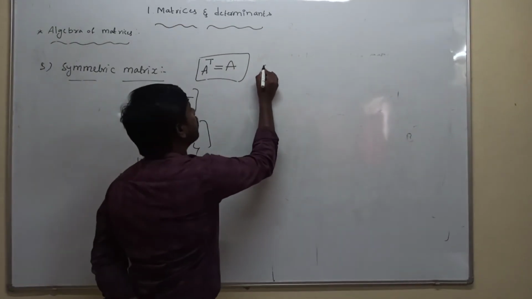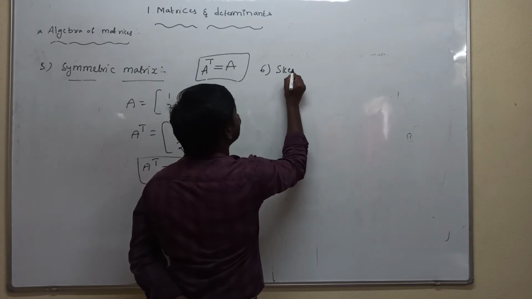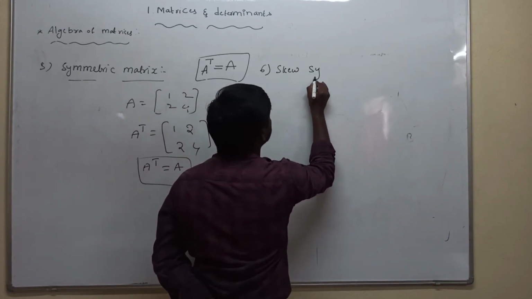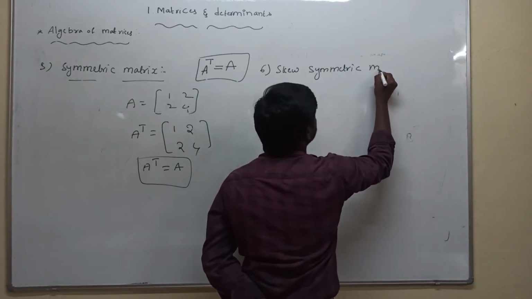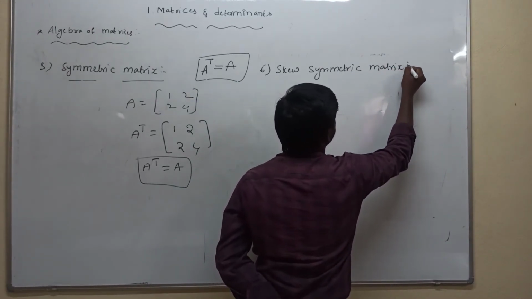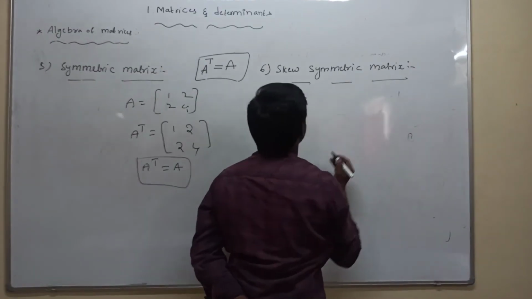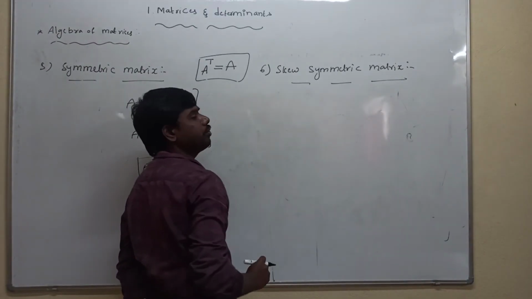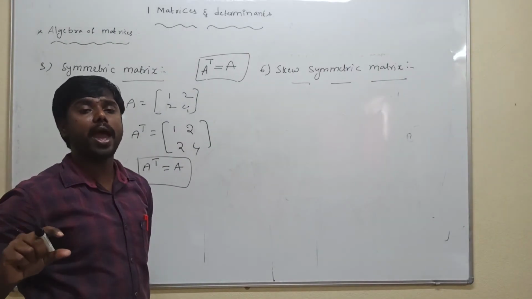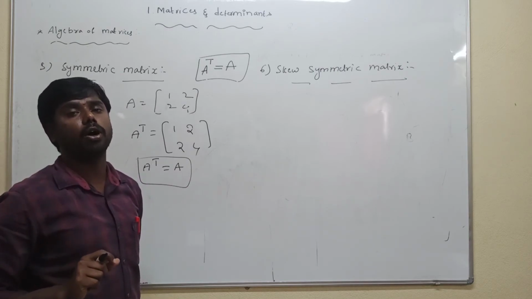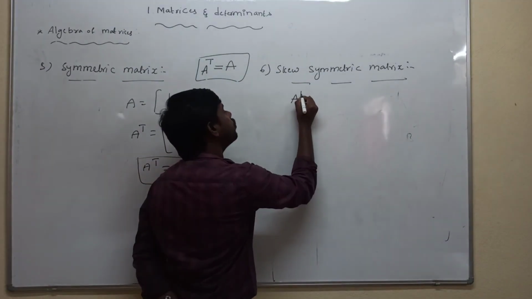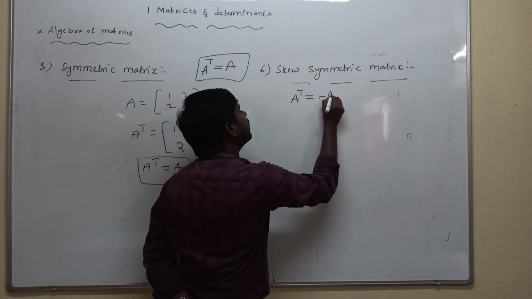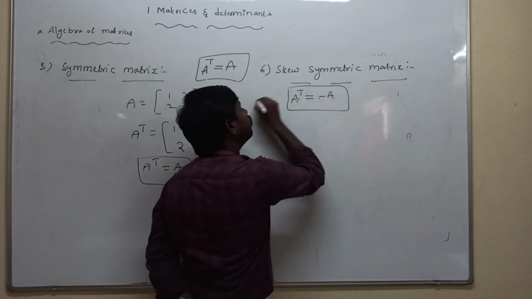Next, the sixth one is the skew symmetric matrix. A square matrix A is called a skew symmetric matrix if A transpose is equal to minus A. If A transpose is equal to A, then it is called symmetric. If A transpose is equal to minus A, then it is called skew symmetric.